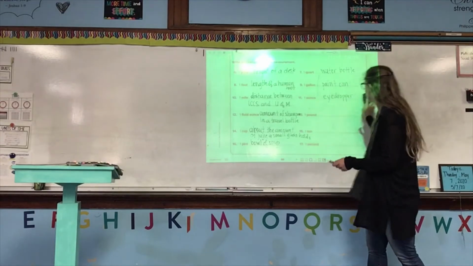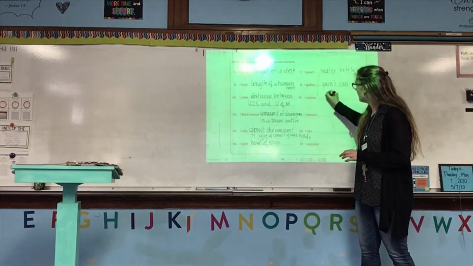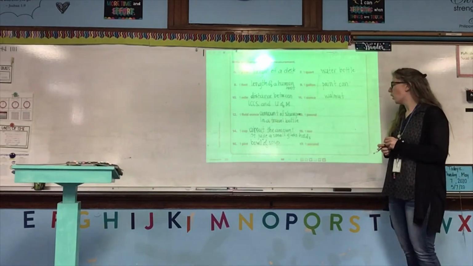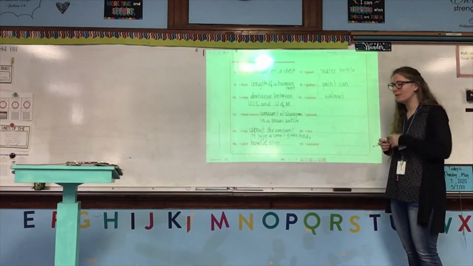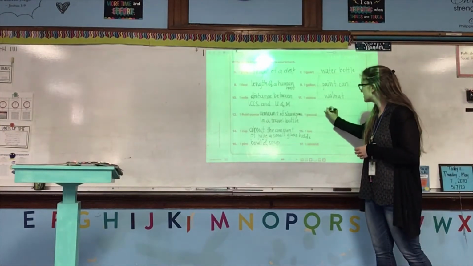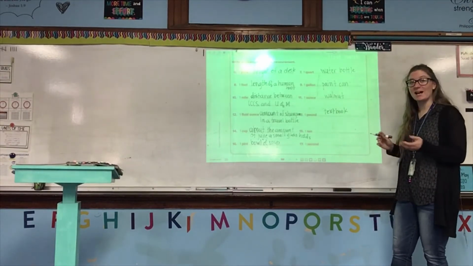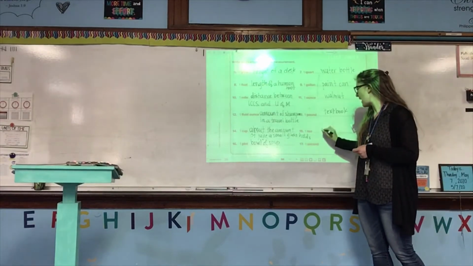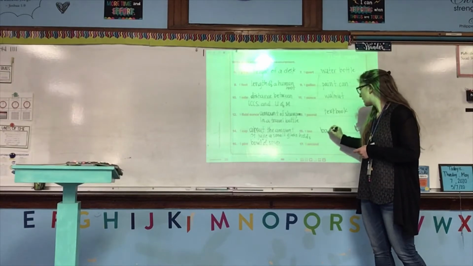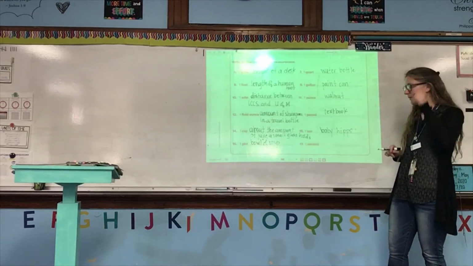Oops, whoops, nope, I'm thinking of fluid ounces, I'm sorry. 1 ounce is about the weight of a walnut. 1 pound, excuse me, is about the weight of a textbook. 1 ton is about the same as a baby hippo. An adult hippo would probably be about 2 tons.